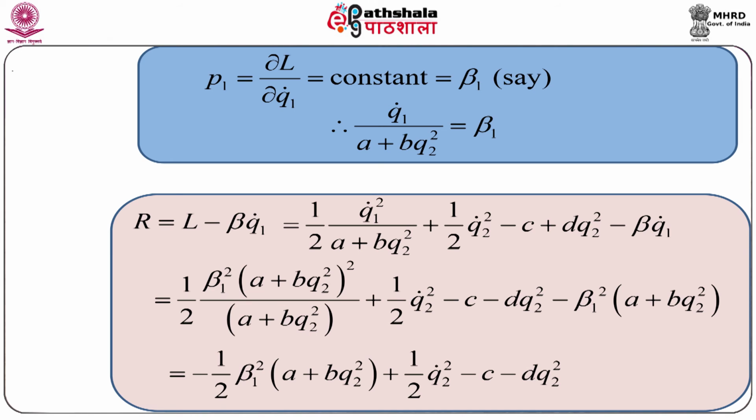If we take the value of the constant as beta 1, then we have q1 dot divided by a plus b q2 square equal to beta 1. Now, the Routhian function is given by capital R equal to capital L minus beta 1 q1 dot.